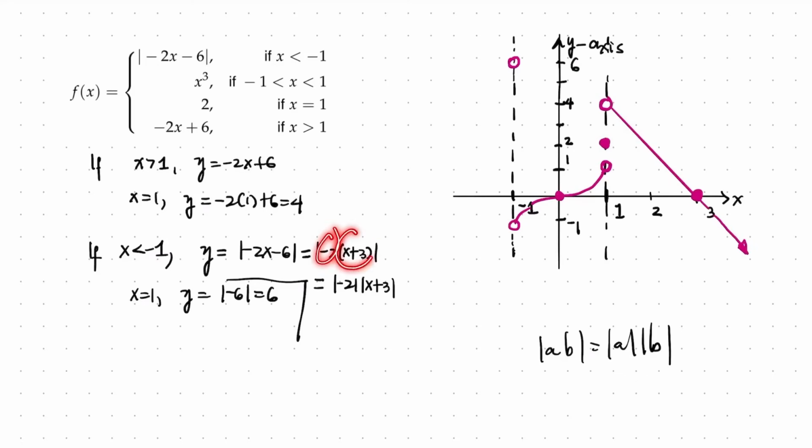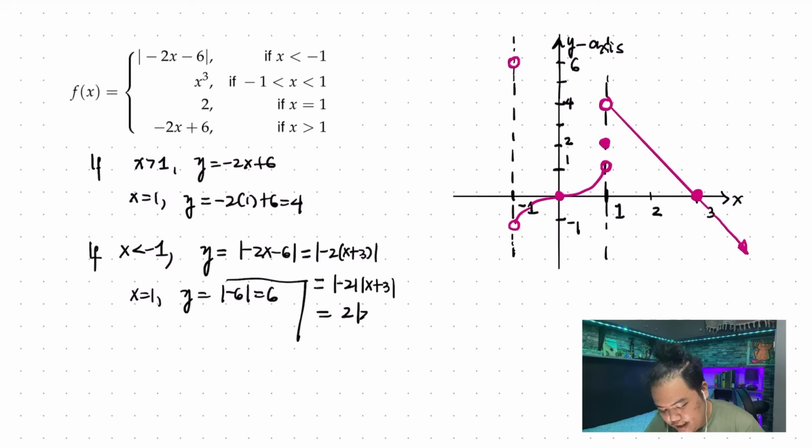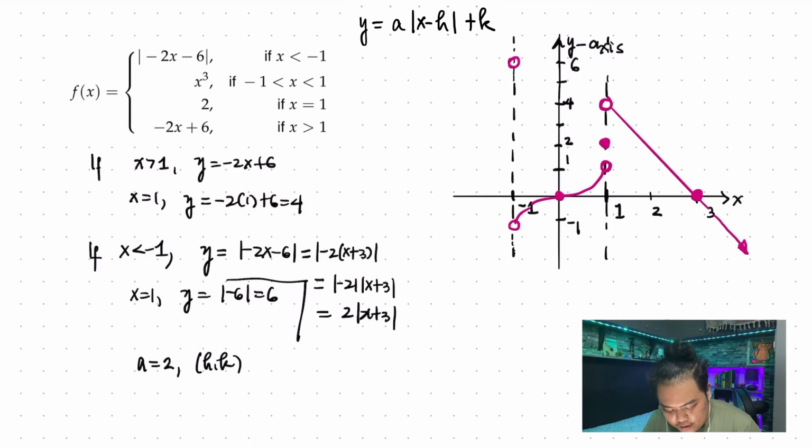This is A, this is B. So, ang lalabas, twice ni absolute value na x plus 3. Hindi ba familiar na tong form na to? Yung y equal to A times absolute value of x minus h plus k. So, ang A natin is 2. Ang hk, actually plus 0 pa yan. Negative 3, 0. So, this is the vertex.